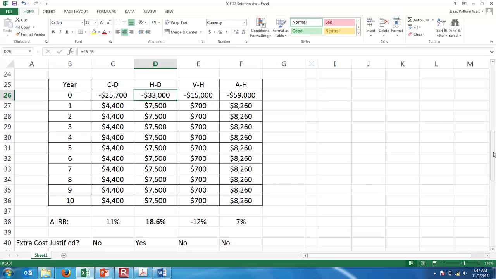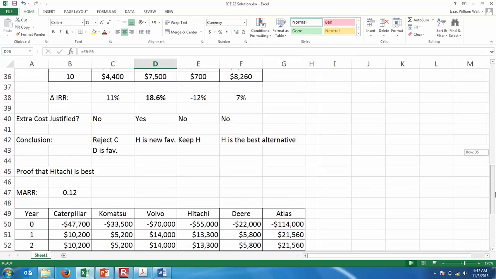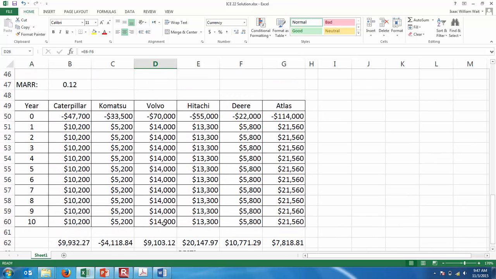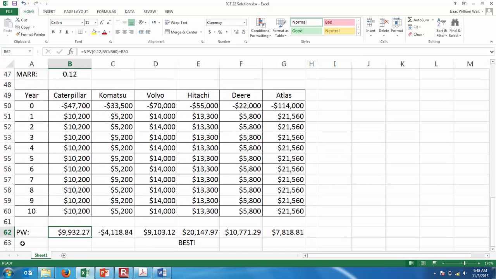In Part D, I asked you to confirm your conclusion using present worth analysis. So here are the original values again, and I found the present worth. I suggested that you use the NPV function. The NPV function, you only apply it to things in the future.